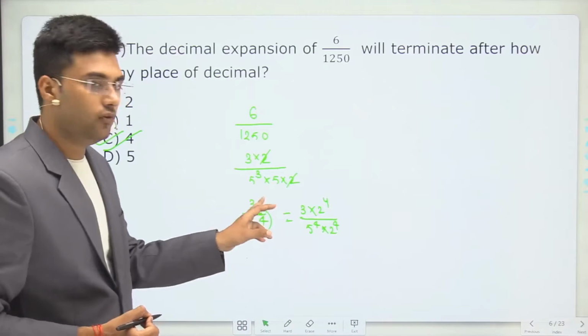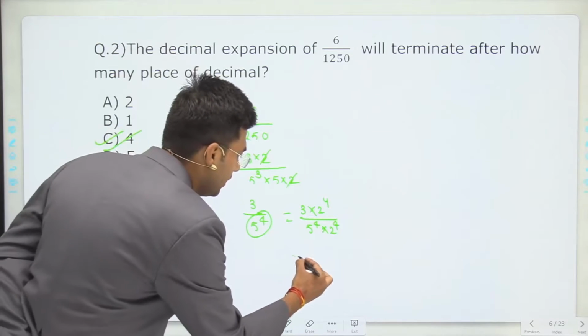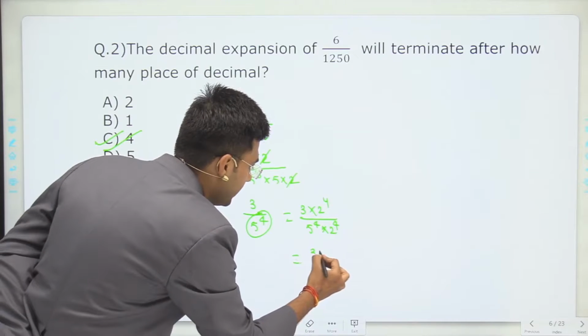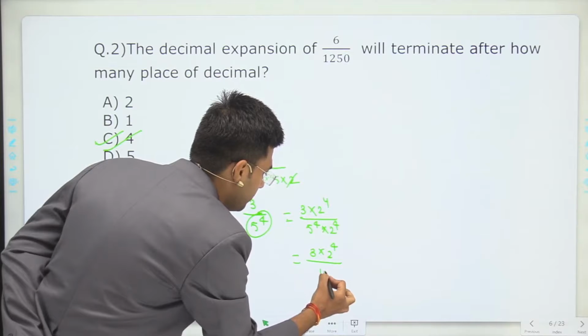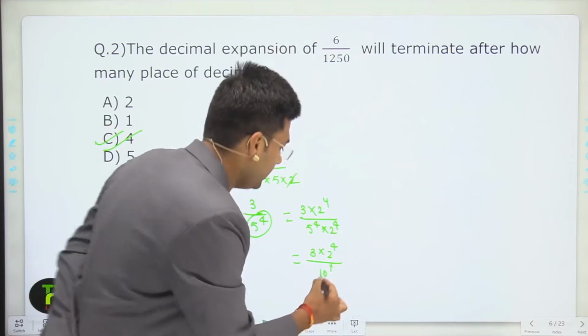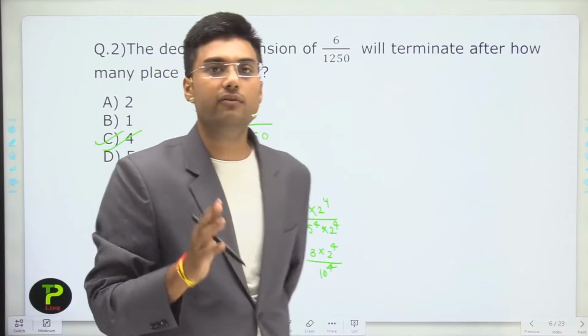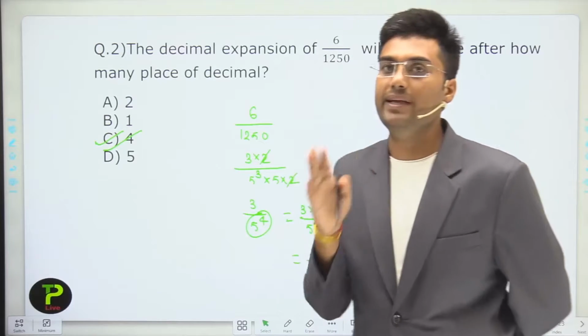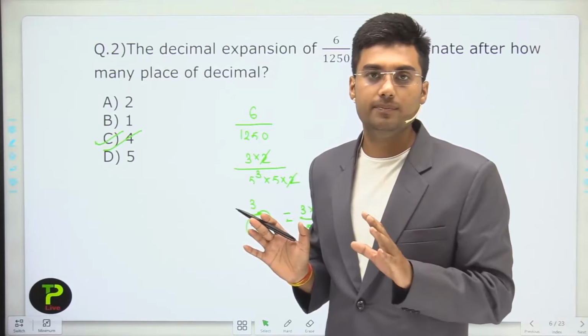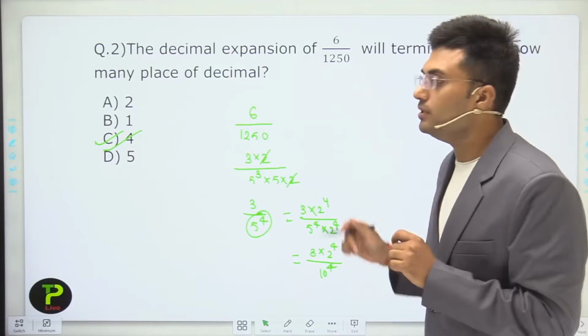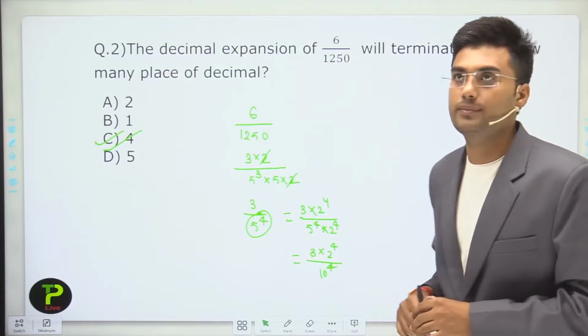These are the equivalent fractions. Now, when we solve this, we will get 3 multiplied by 2 power 4 and it is equal to 10 power 4. If in the denominator we have 10 power 4, it means it terminates after the 4 decimals. Clear? Now, after this question, let's move to the second question.